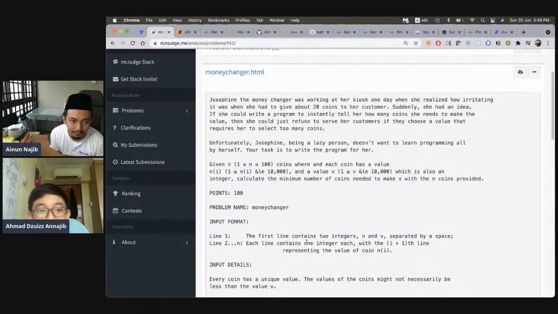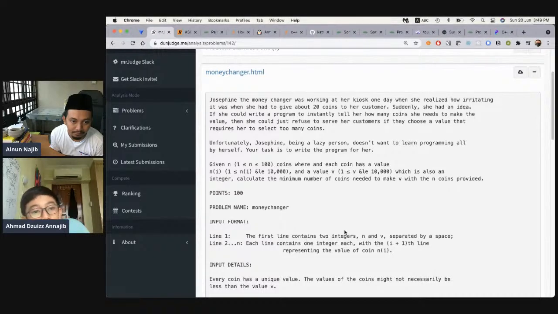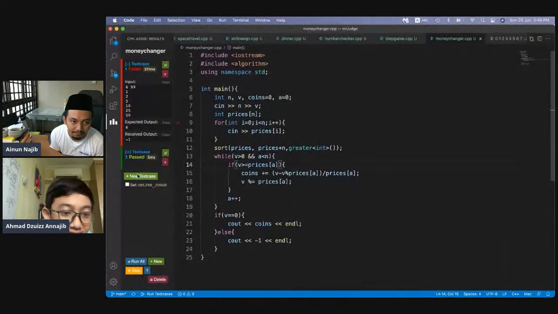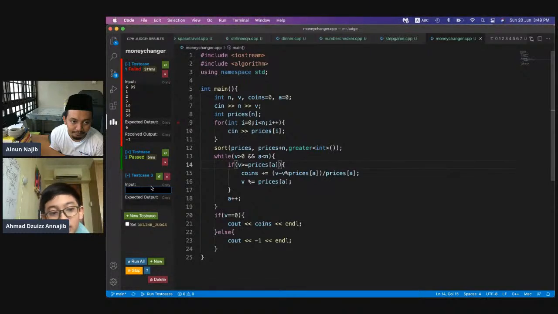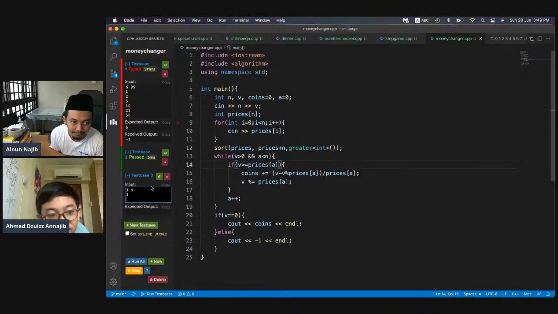Yeah, or maybe like this. Maybe there, like, if the test case is 3, 9, and 3, and 4, and 1.